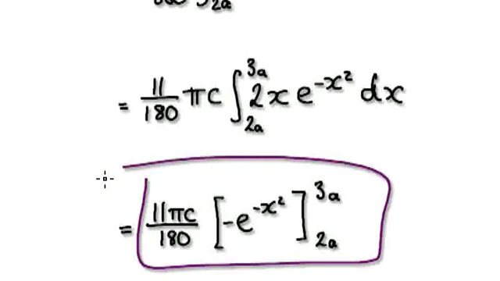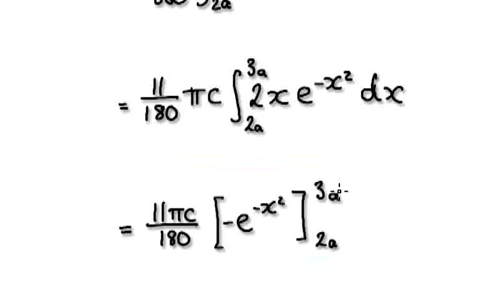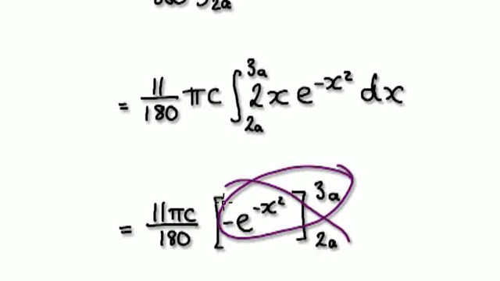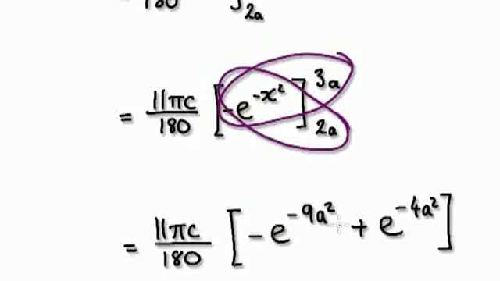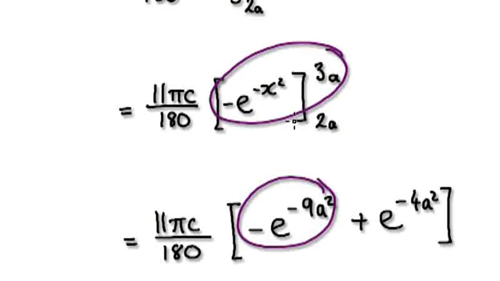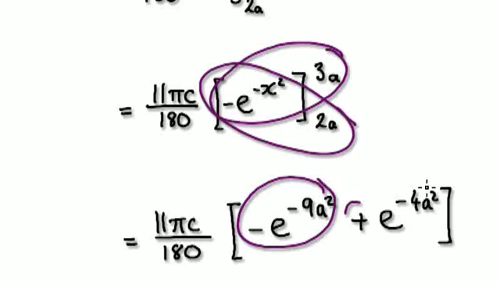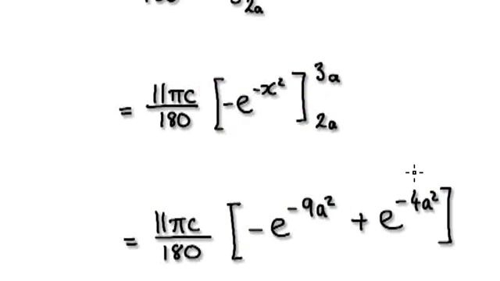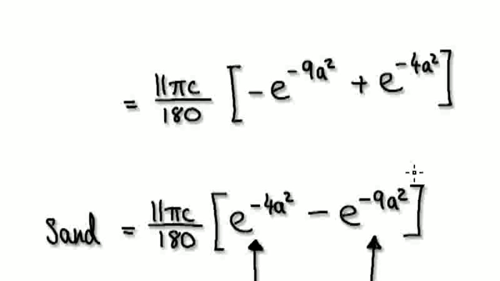Then evaluate this. Remember, it's going to be this take away this. This is this bit, take away a negative, so that will give you a positive, take away this thing here. So that will lead us to this here.